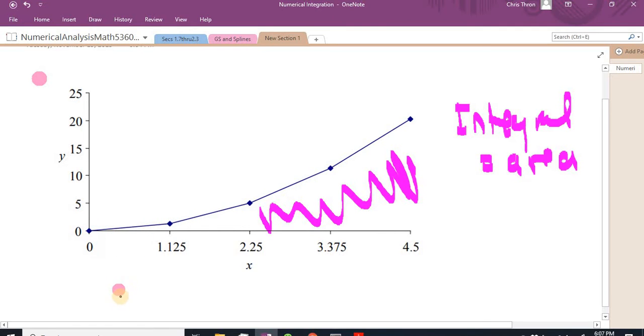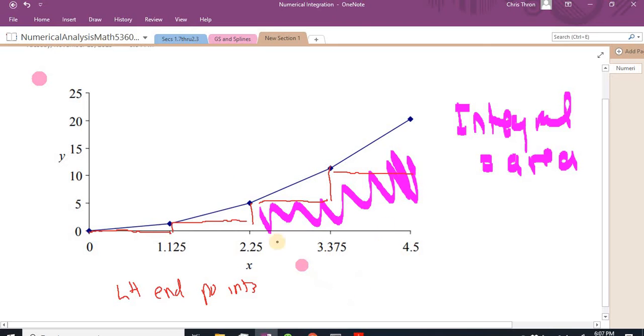I can use the left-hand endpoints. On this interval from 0 to 1.25, I can approximate with a bar of height equal to the left-hand endpoint. So that would be this here, this here, and this here.